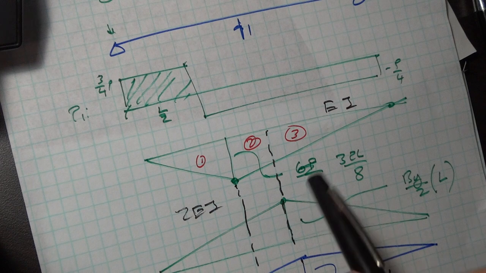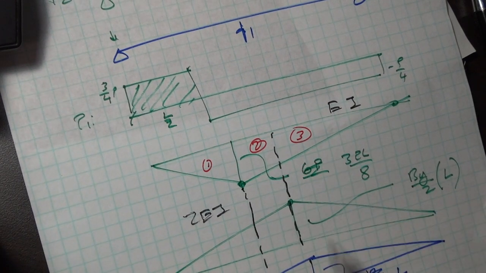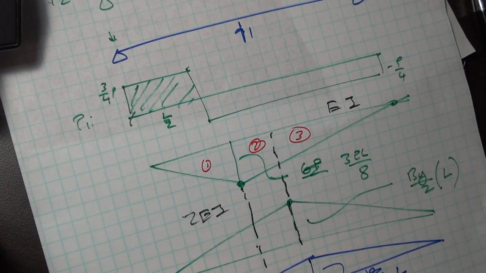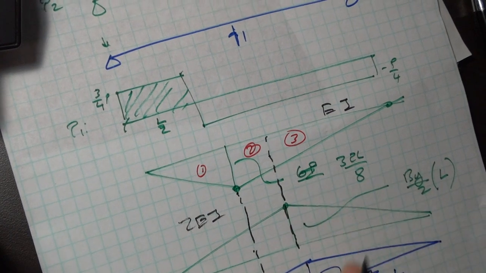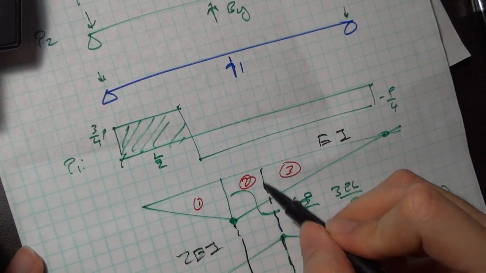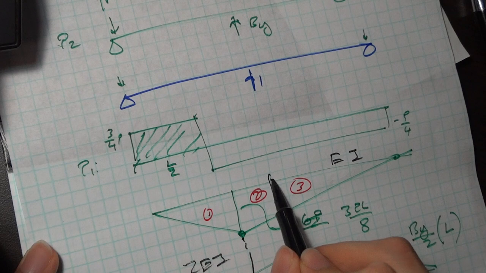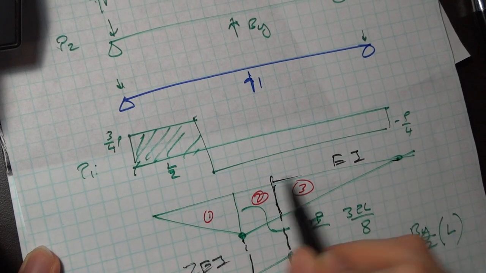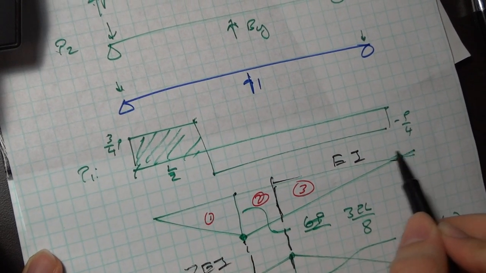So for example, I need to find the heights of these three values here. The height of the triangle at this point is just the ratio of this base to the base from here to here.